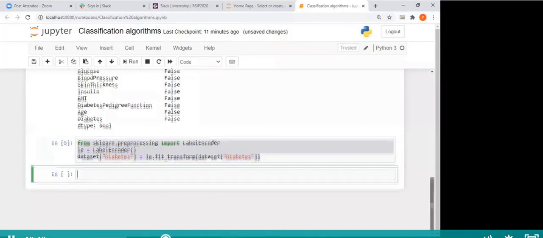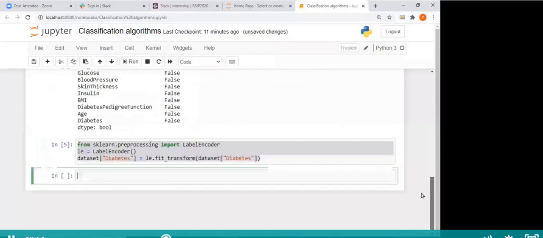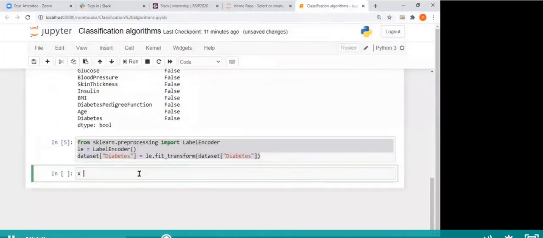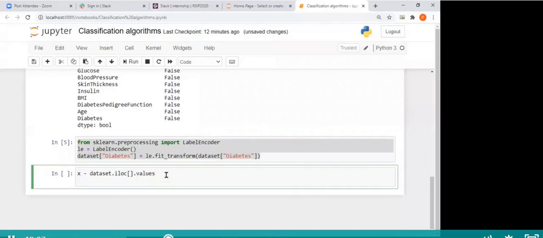So what are all the columns which are considered as inputs and what are all the columns which are considered as outputs? Can you please tell me? So it's from 0 to 8.